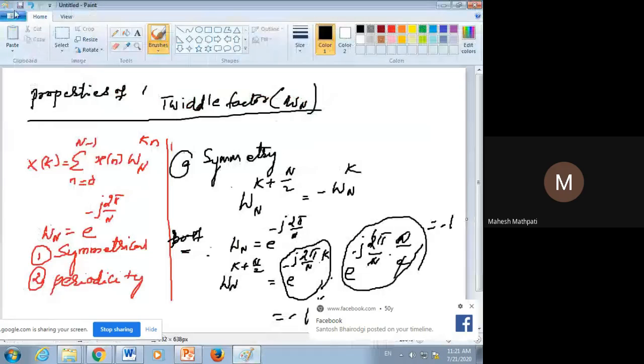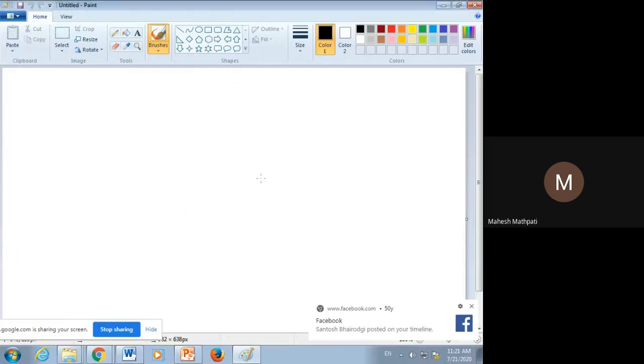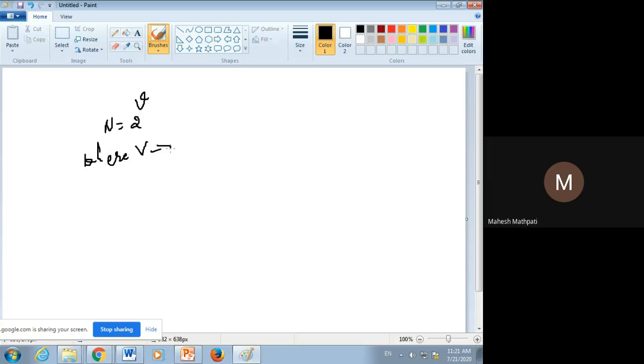Now, to understand the number of butterfly operations required, let us consider N equals 2 to the power v, where v is the stages of decimation and capital N is the number of DFT points.